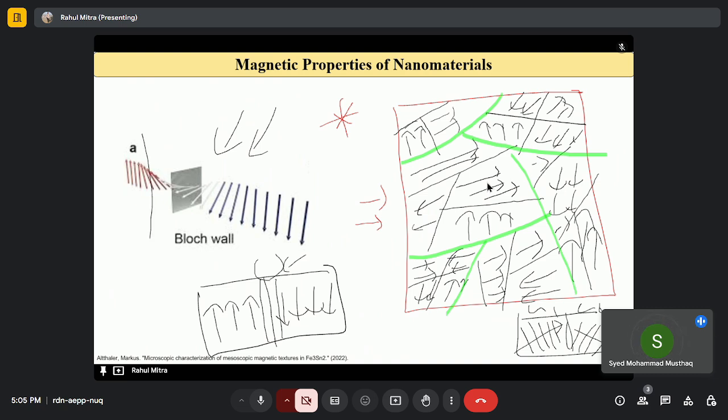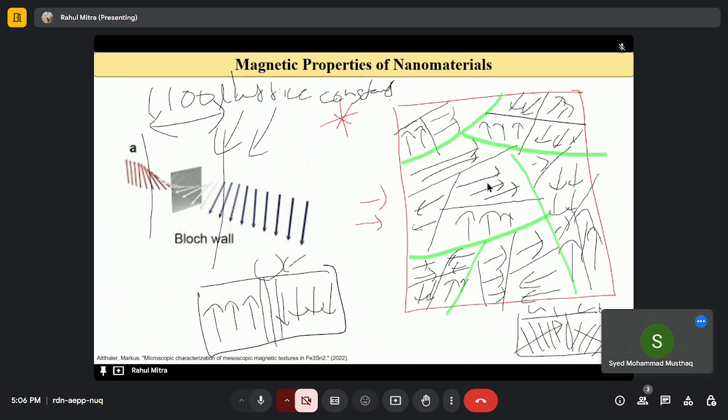This is one domain and this is another domain, and this dimension is our Bloch wall, right? It can be about 100 lattice constants.